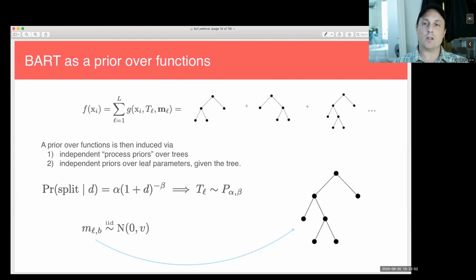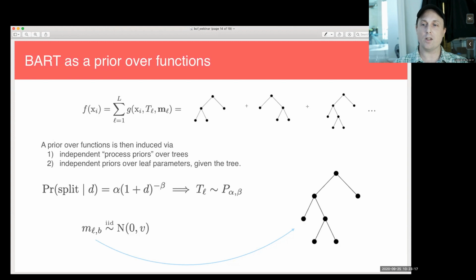If you think about this as a prior over functions, they take this representation and put priors on the pieces of that representation. The pieces in this case are the trees and the parameters. The joint prior on those pieces is that the trees are given an independent process prior. By a process prior, I mean they think about building up the trees sequentially as a stochastic process.